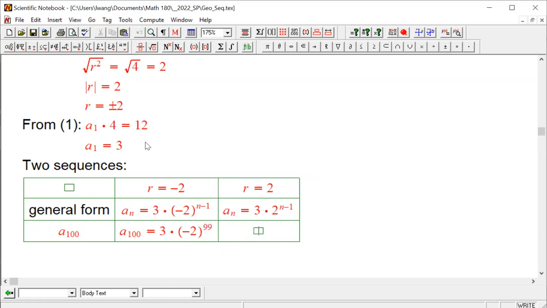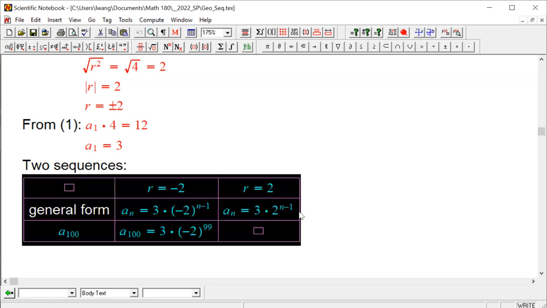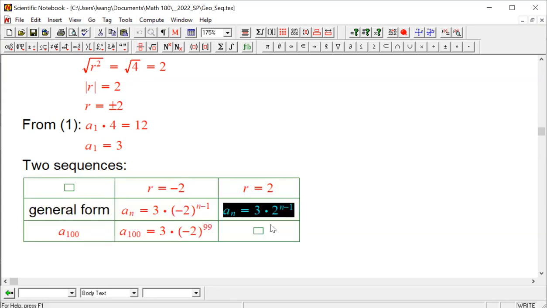The other sequence, if r is +2, the 100th term is going to be 3 times 2 to the power of 100 minus 1, so this is 2 to the 99.